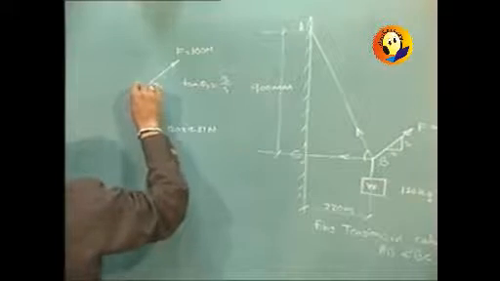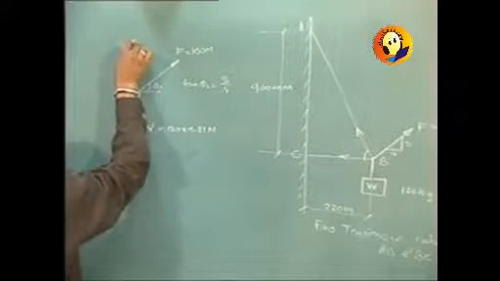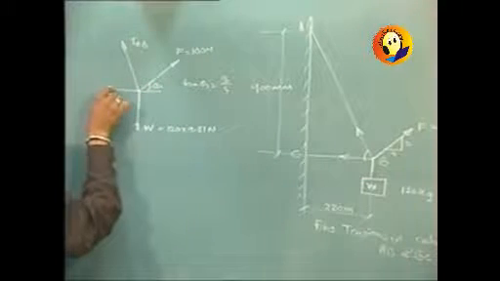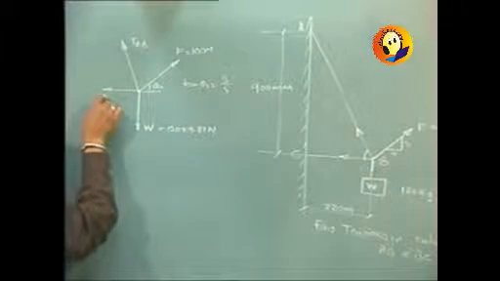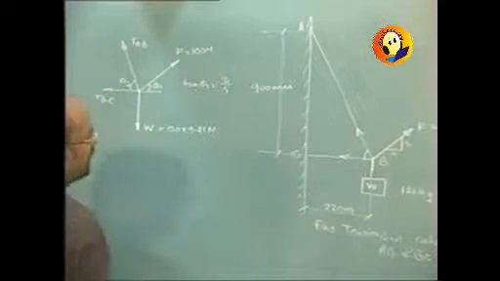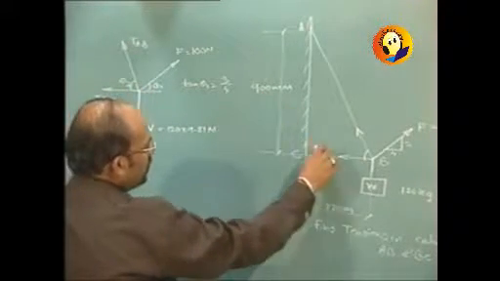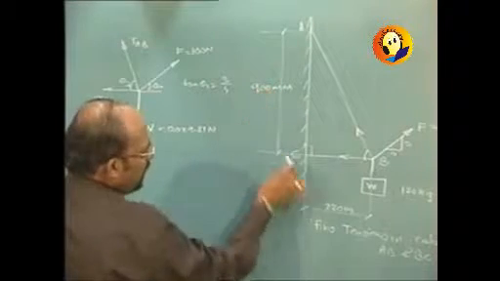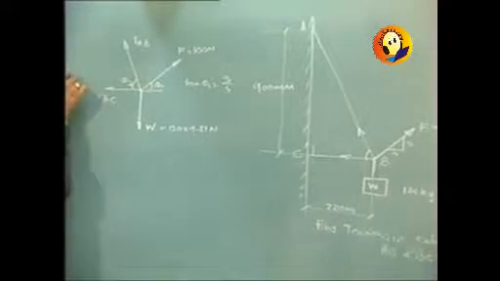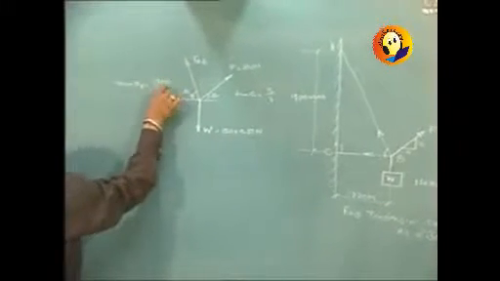Then there will be tension in AB, and there will be tension in BC, and this angle theta 2 can be calculated, because this is again the right angle. It will be 900 upon 220. So tan theta 2 will be 900 upon 220.